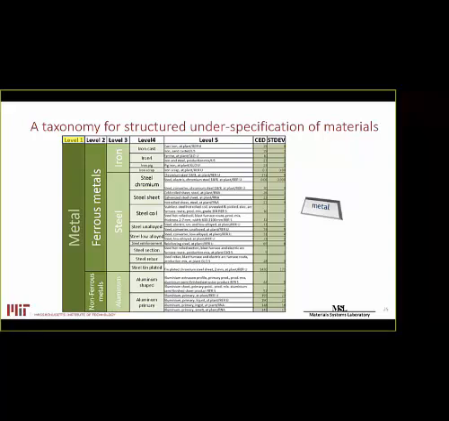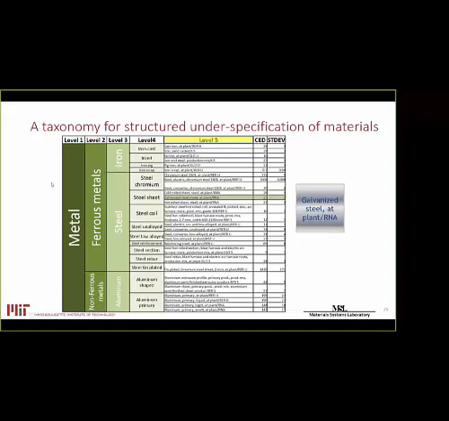right? A more specific category would be to differentiate ferrous metals from non-ferrous metals, and we're going to say it's a ferrous metal. Then level three, a more specific characterization, would be that it's steel as opposed to iron. And then level 4, we could say it's a type of steel sheet, and then level 5, we could actually specify a very specific type of steel that's used, okay?